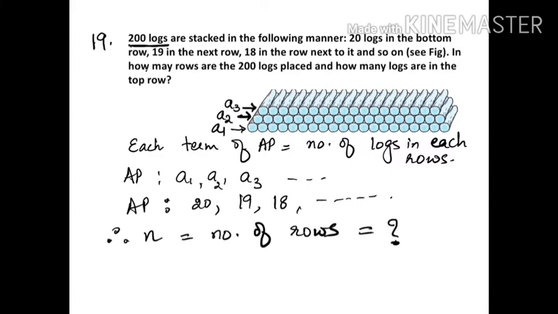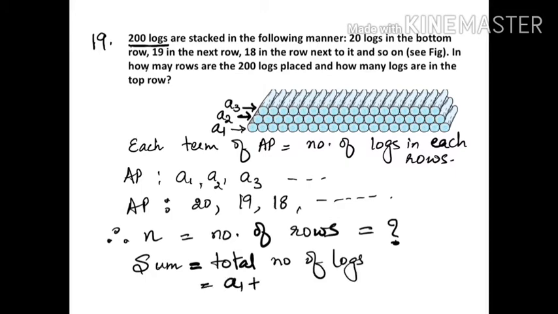But we do know the total number of logs, which will be equal to the sum of the logs in the first row, the second row, the third row, and so on.